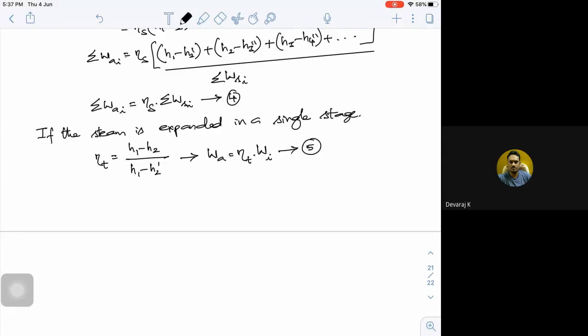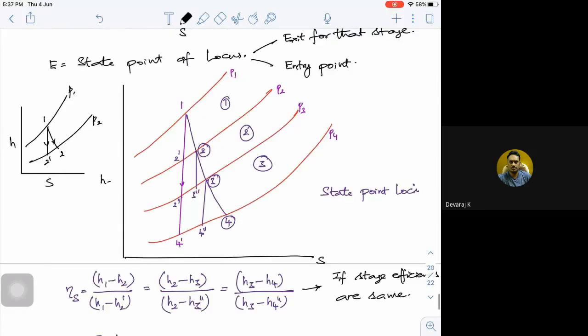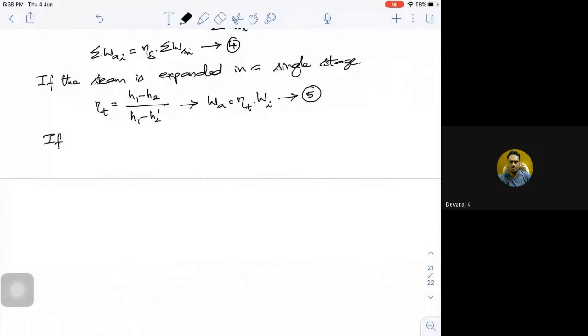Now, if the operating pressures are the same, the path followed by 1 to 2 or 1 to 4 remains the same. The path followed by the actual curve working between the same pressures, that means the actual work path, remains the same.